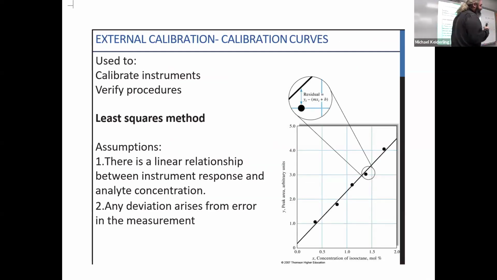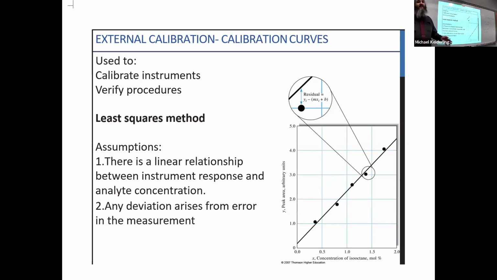A more common general technique is something like external calibration. This is used to calibrate instruments and verify procedures. There's some linear relationship between instrument response and analyte concentration. That's the assumption, and any deviation arises from error in the measurement.